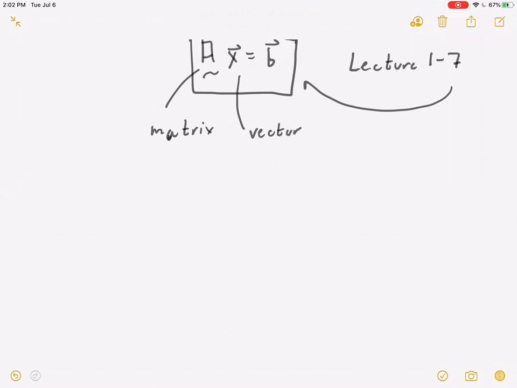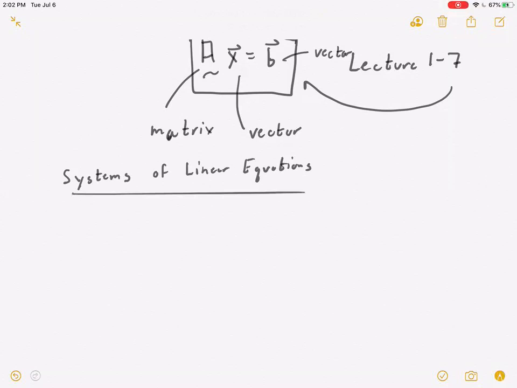So this is an example of matrix vector multiplication, and on the right-hand side, you get a vector. If you want to solve a system of linear equations, you can boil it down to a simple expression. That expression is simply this matrix vector multiplication.